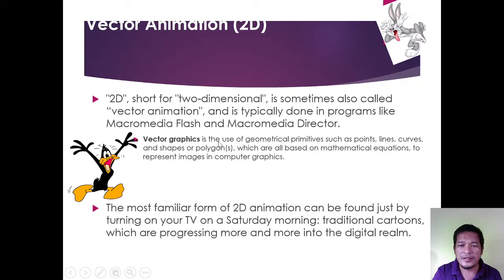Vector graphics is the use of geometrical primitives such as points, lines, curves, and shapes or polygons, which are all based on mathematical equations to represent images in computer graphics. The most familiar form of 2D animation can be found just by turning on your TV on a Saturday morning: traditional cartoons, which are progressing more and more into the digital realm.